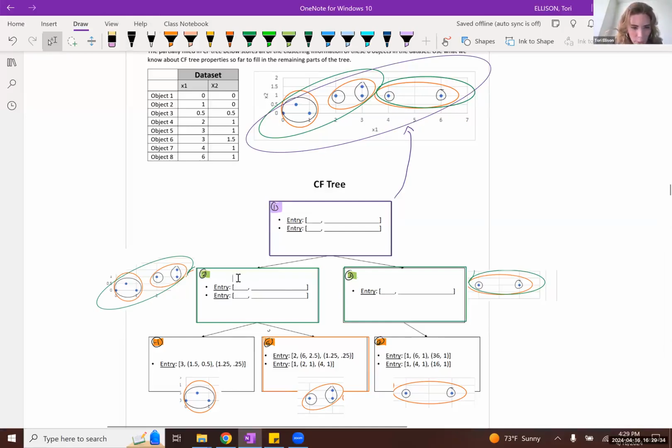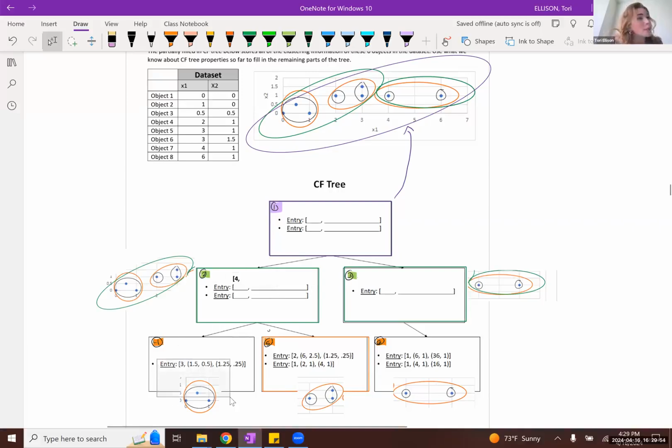We would first create an entry that corresponds to this leaf node with index 4. We would first write the index of the leaf node that this entry corresponds to.